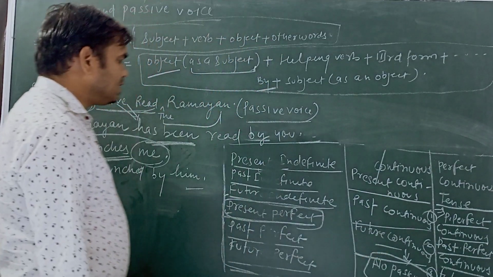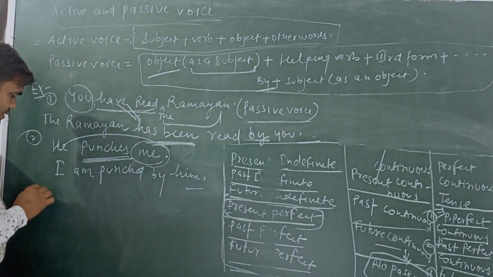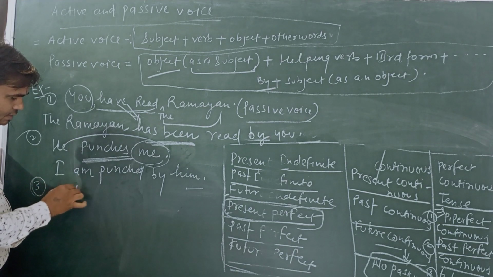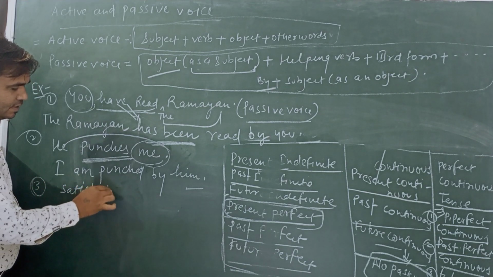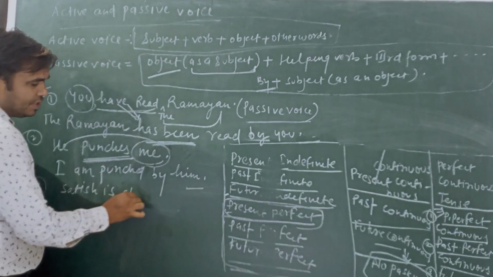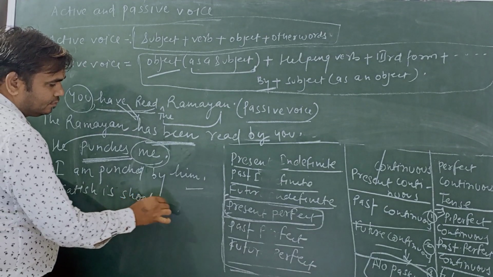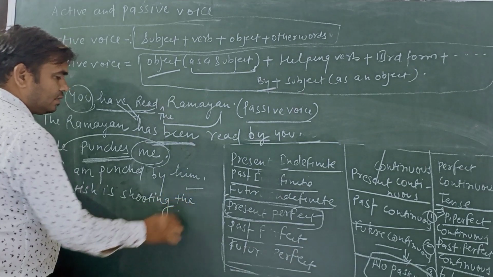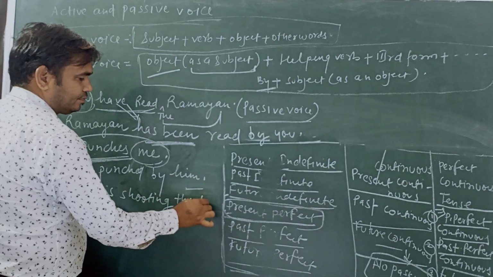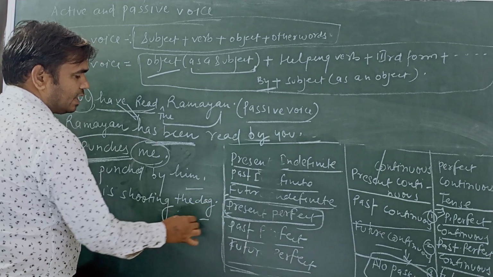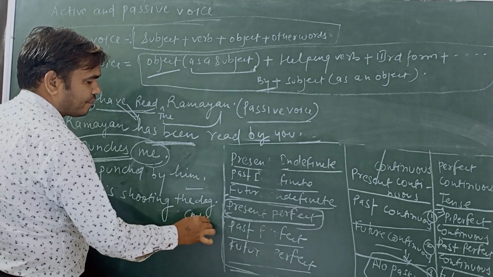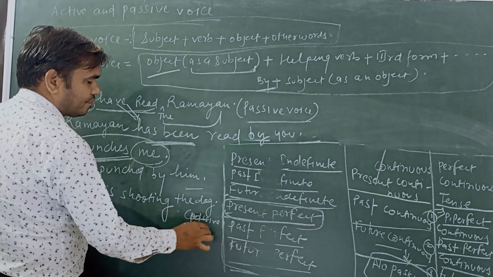So for a continuous tense example we take: Satish is shooting the dog, and here we have to convert this into passive voice.